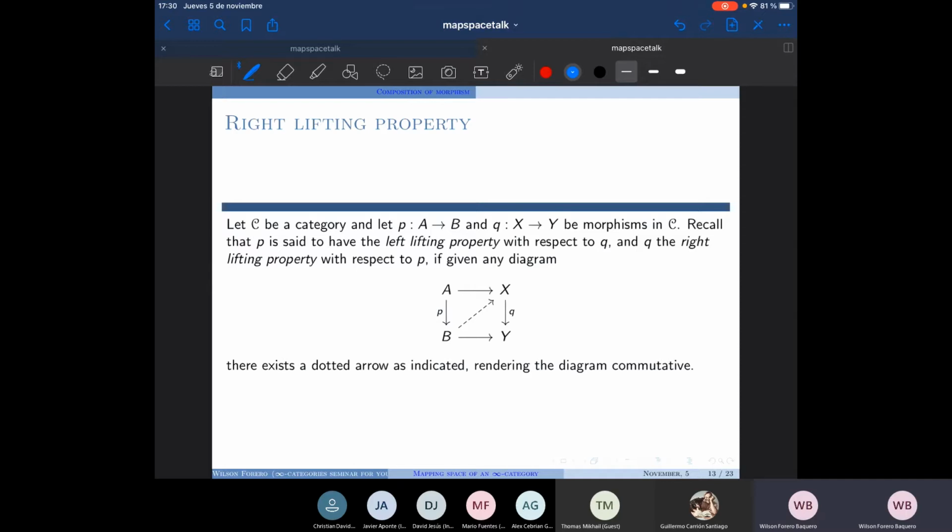This means we can find a solution of the square. A solution is just a map, a lifting, such that the two triangles commute. Okay, so it's just a notion.